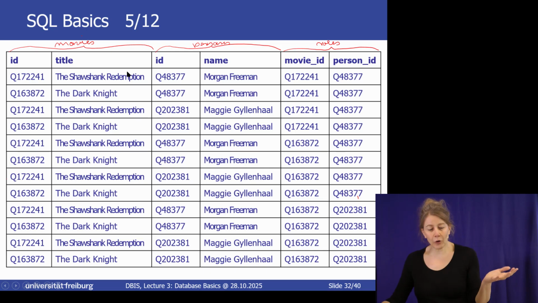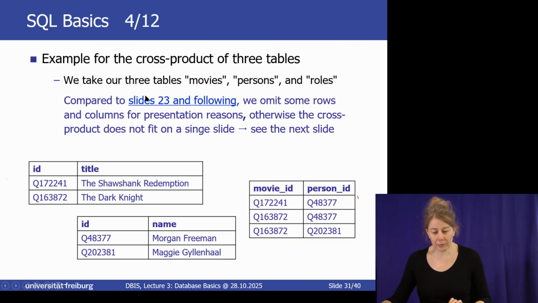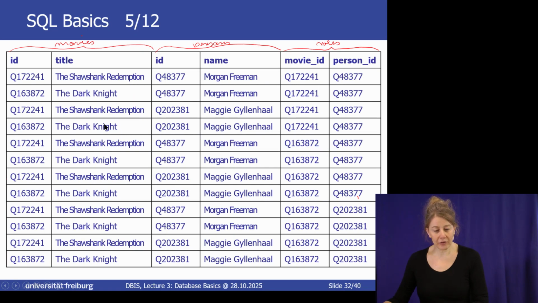And this is now all combinations, and let's just make sure how many is it? 2 times 2 times 3, right? So 12. 1, 2, 3, 4, 5, 6, 7, 8, 9, 10, 11, 12. So it's just all combinations, and you need some system to make sure of that.